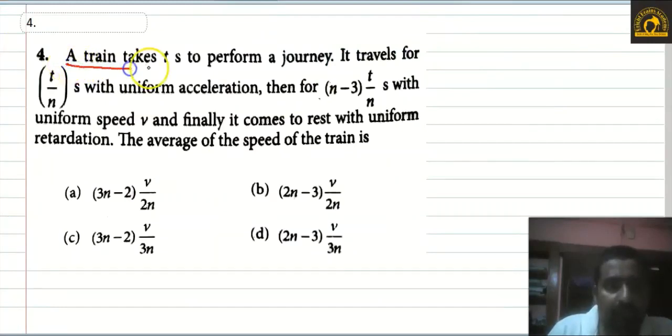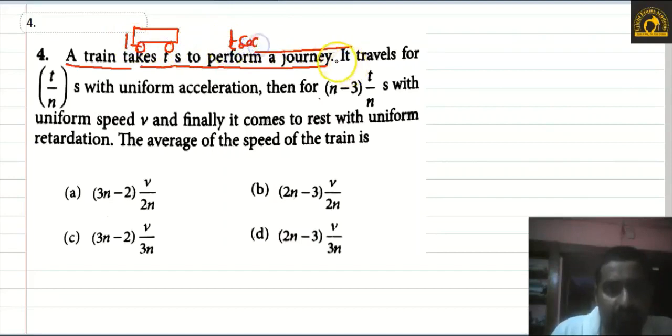A train takes t seconds to perform the journey. This is the train. To take the complete journey from this to this takes t seconds.